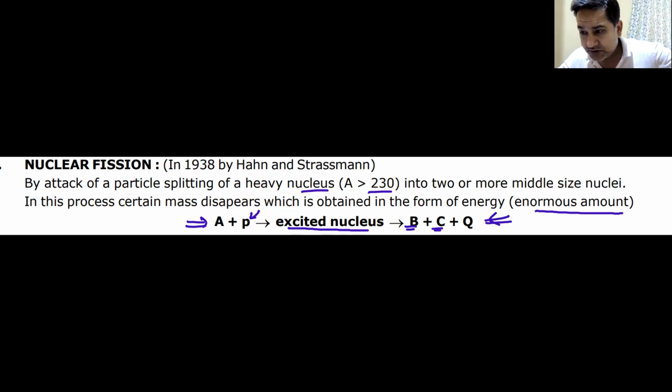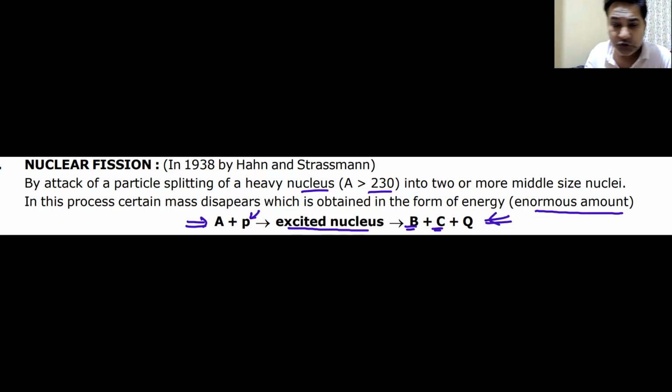Can you note this down? Simple equation. A is the mother. P is a particle which I am hitting it with. It could be anything. Let us see what it is going to be. Then I will have an excited nucleus in a higher state, and then it will break up into two daughters or three daughters, depending on how many daughters.